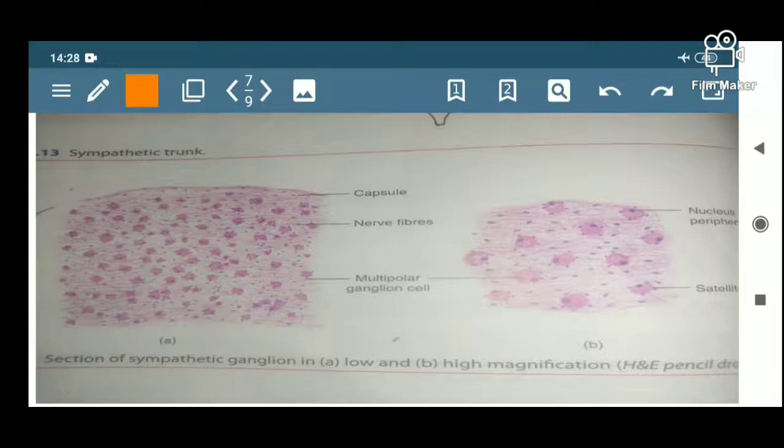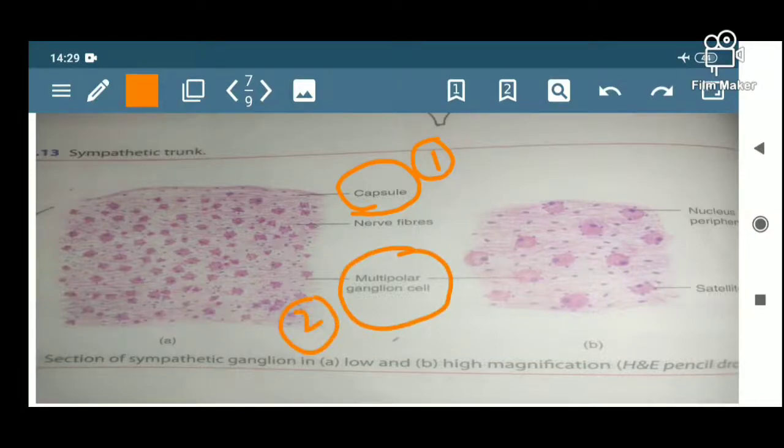Same as the spinal ganglion, autonomic ganglion is also surrounded by capsule. The first point is the same for both of them. And it contains cell bodies of multipolar neurons. In spinal ganglion, pseudo unipolar neurons; in autonomic ganglion, multipolar neurons. You should remember that.